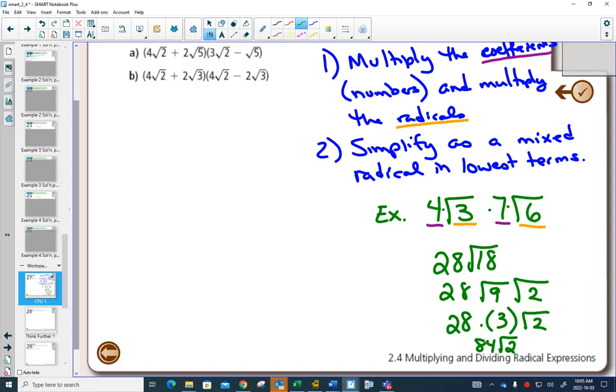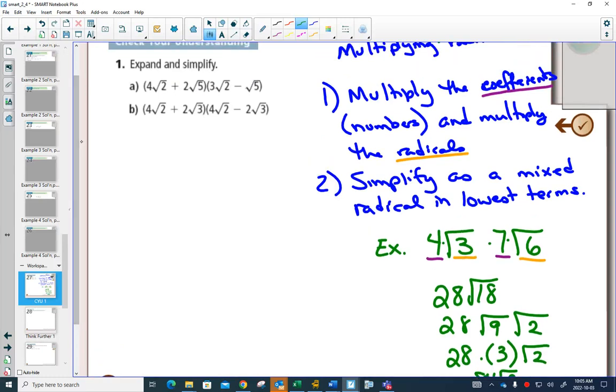What do we have? We have a big group of them multiplied by another big group of them. So you're going to have to multiply the first ones, the outside ones, the inside ones, and the last ones. So if I multiply my first ones, can you see that you would have a 4 times a 3?